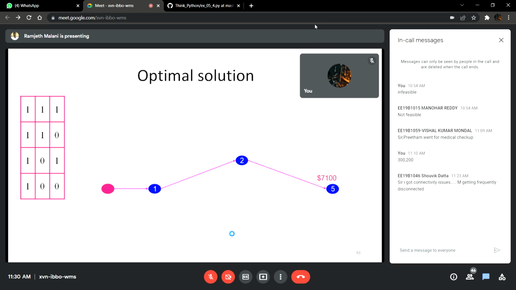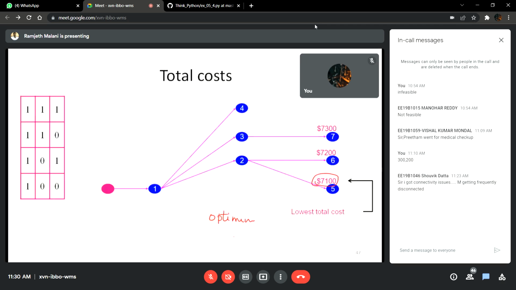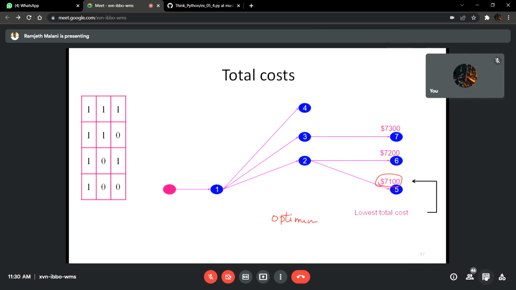You can find out the cost for all possible paths. For 3 paths, I have given the values.